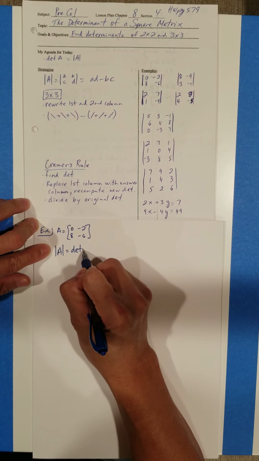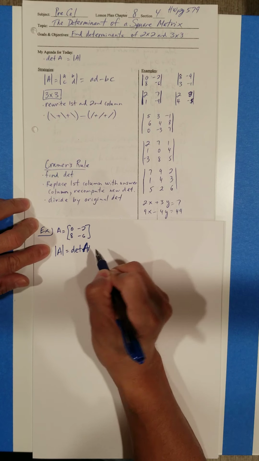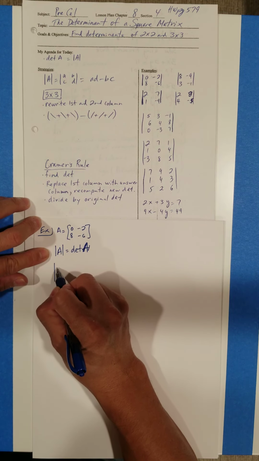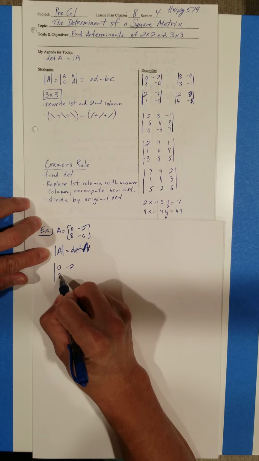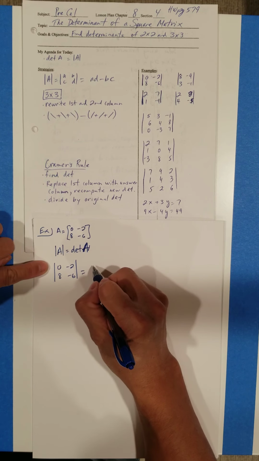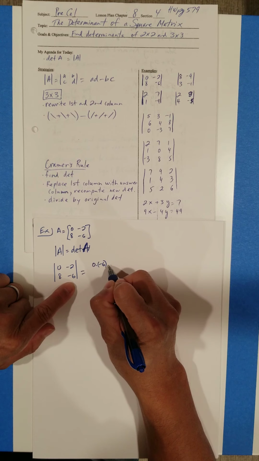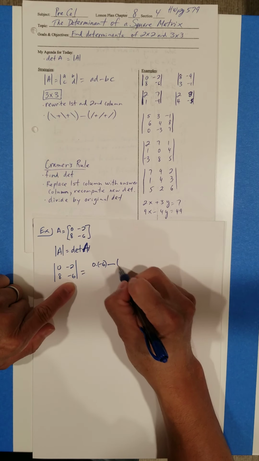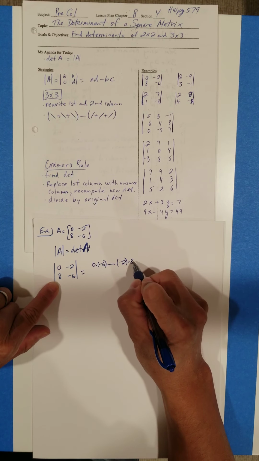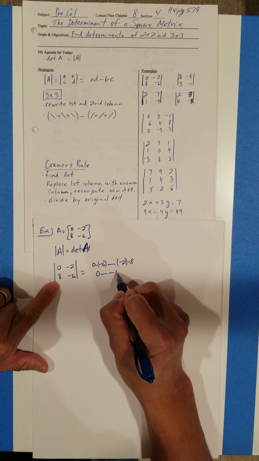Determinant of A is written like this: 0, -2, 8, -6. So A is 0 times D, -6, and we're going to subtract B times C. So 0 minus -16.